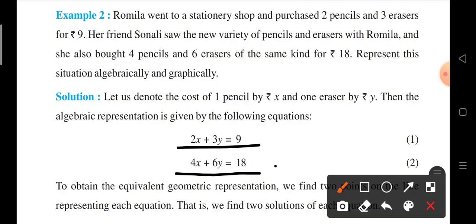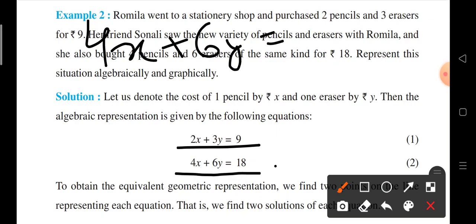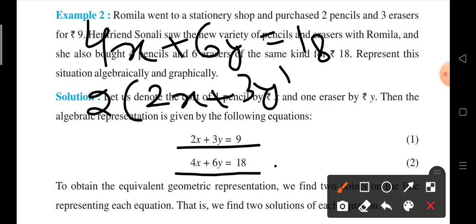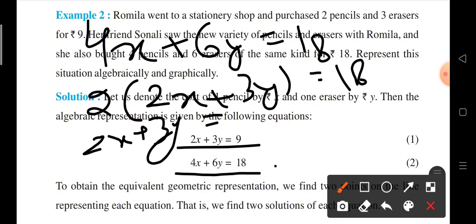If from the second equation, 4x plus 6y is equal to 18, you take 2 common from the left-hand side, it becomes 2x plus 3y is equal to 18 by 2, that is 9. Now this equation is the same as the first equation. So we have derived the first equation from the second, or if you multiply the first equation by 2, you will derive the second equation.